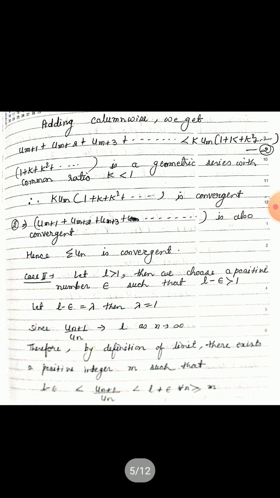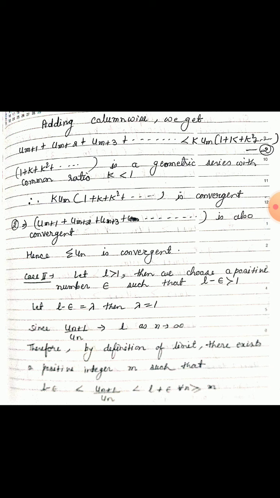Adding column wise, we will get um plus 1 plus um plus 2 plus um plus 3 plus so on is less than k um (1 plus k plus k square plus so on). Take this as equation 2. Clearly 1 plus k plus k square plus so on is a geometric series, and since the common ratio of this series is k, which is less than 1, this is a convergent series.